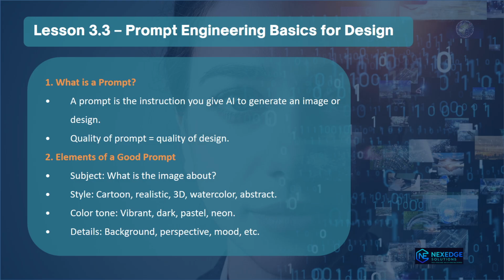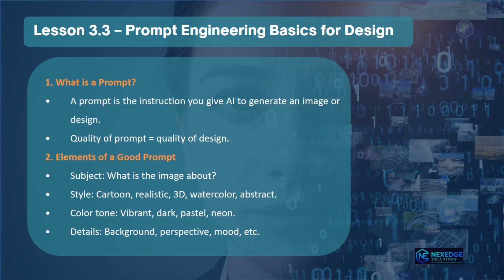Secondly, elements of a good prompt. Here are the elements of good prompts. For you to get a good prompt, there are certain things that you need to know and apply. And here is the example. The first one is subject.